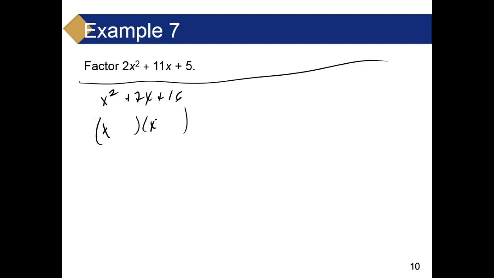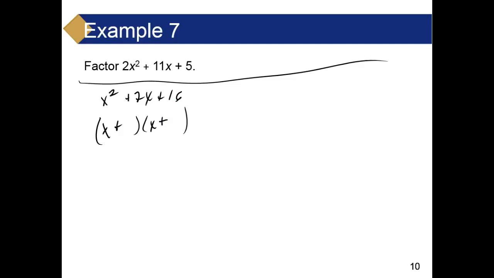Then where do we look next? The sign of the last term. And that is what? Plus, which means these two signs have to be the same. In this case, yes, because the middle sign is plus, they are both pluses. But just the fact that it's a plus on the last means that those two signs have to be the same.